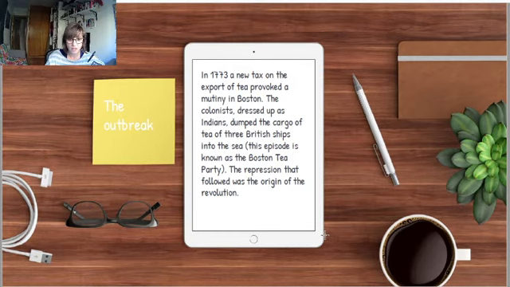The colonists, dressed up as Indians, dumped a cargo of tea from 3 British ships into the sea. The repression that followed was the origin of the revolution. The British government sent troops to Boston and closed the port. The event marked the beginning of the conflict.